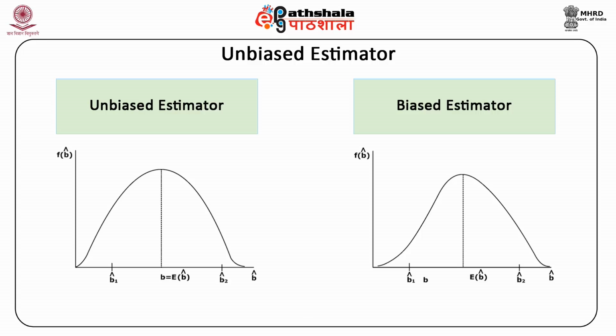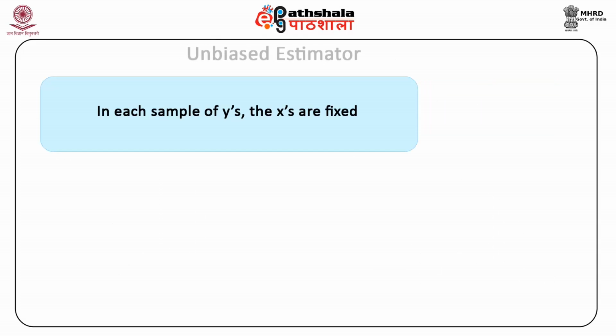An unbiased estimator will always be preferable, regardless of what happens in a specific sample, because it has no systematic deviation from the parameter value. In each sample of y's, the x are fixed in repeated samples according to assumption 2.